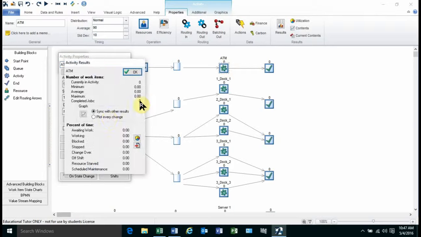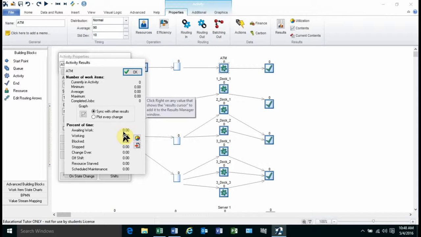If I look at the results, the awaiting work is equivalent. That's from a machine's perspective. It's the probability that the machine is idle, the probability that that particular ATM is not being used.